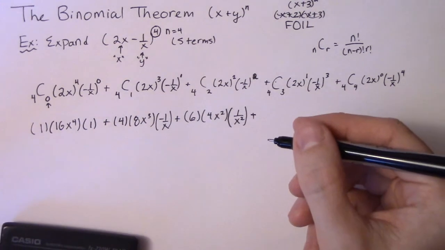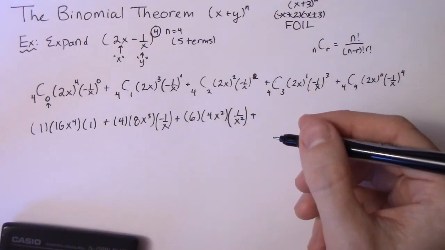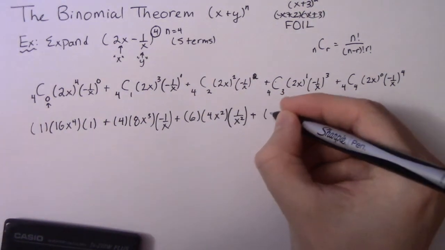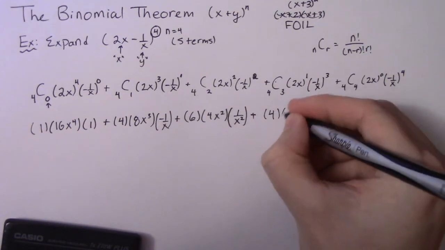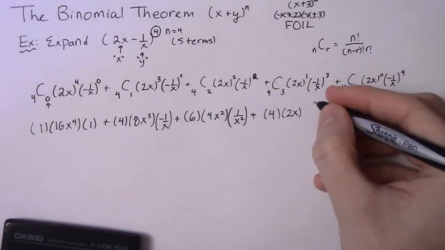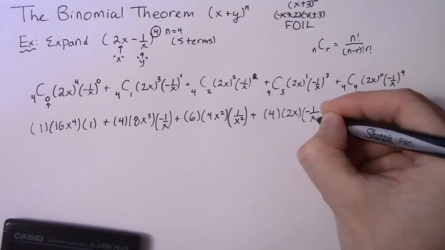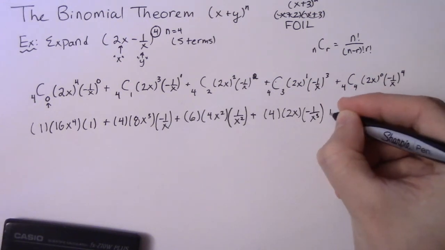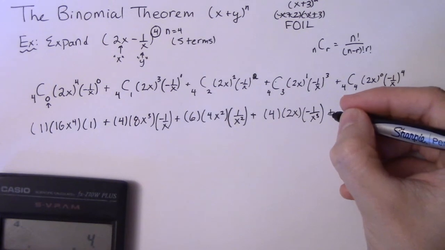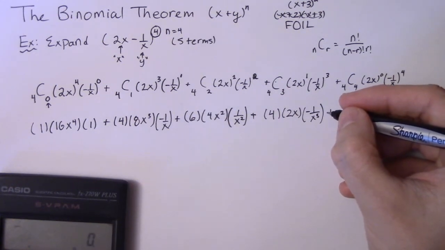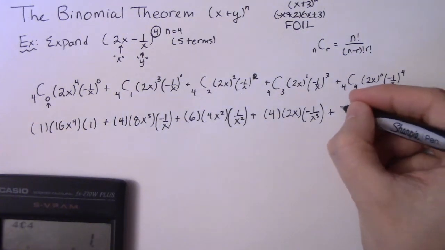Then I have 4 choose 3, which is 4. And then 2x. And then this guy is going to remain negative, so it's going to be negative 1 over x to the 3 plus, and 4 choose 4. Oh, 4 choose 4, which is also 1.